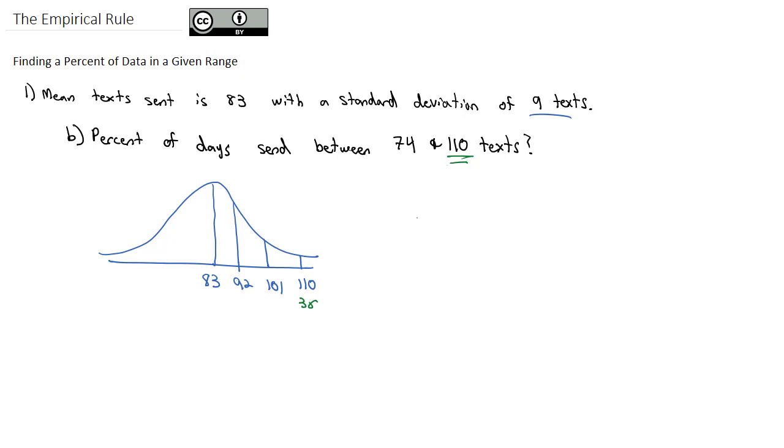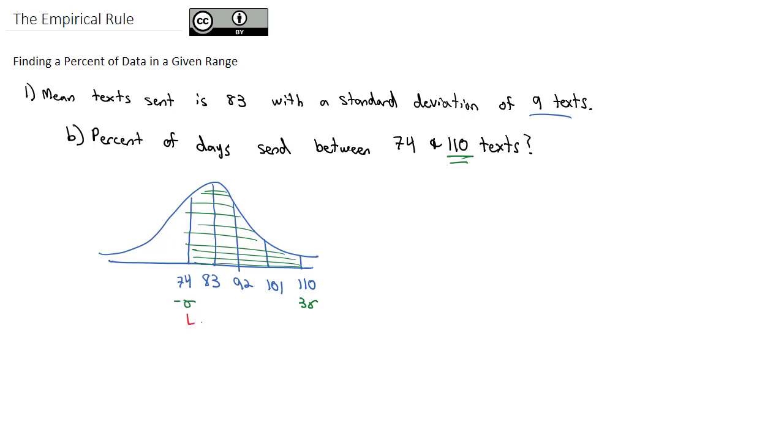Going to the left then, down to the 74, subtracting 9 gives us 74, and that is exactly 1 standard deviation below the mean. So we want to know how much percent is falling inside these ranges.